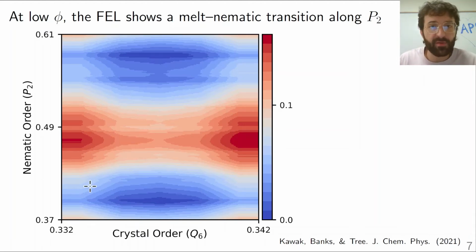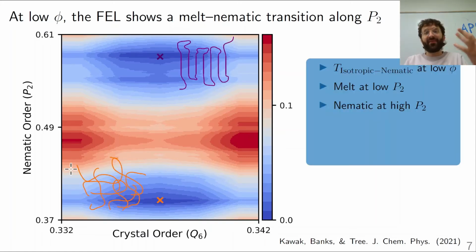In fact, speaking of lowest free energies, we have two regions of low free energy, and what that means is that this is a temperature of coexistence, or the transition temperature. In fact, it is the T_IN, or the isotropic-nematic transition temperature.